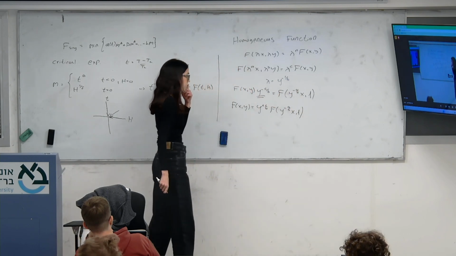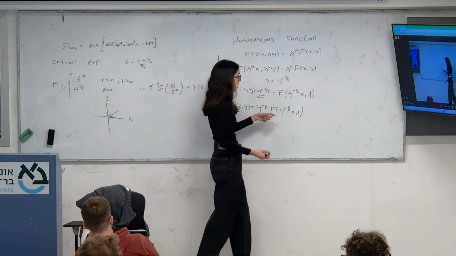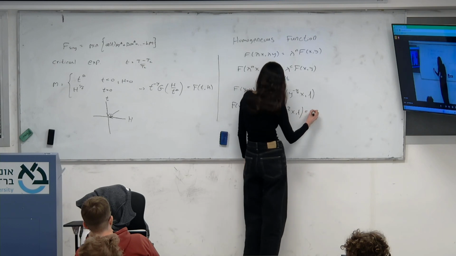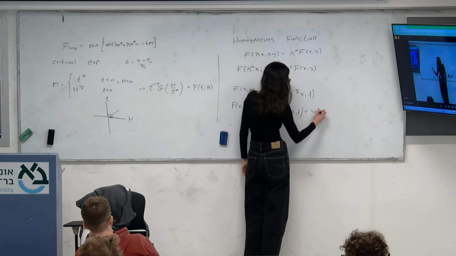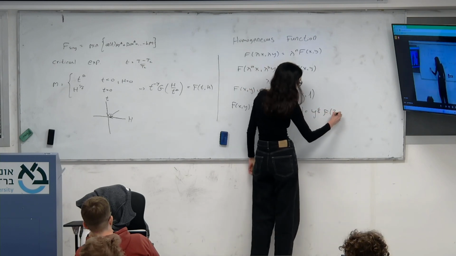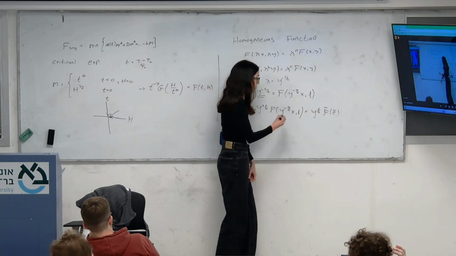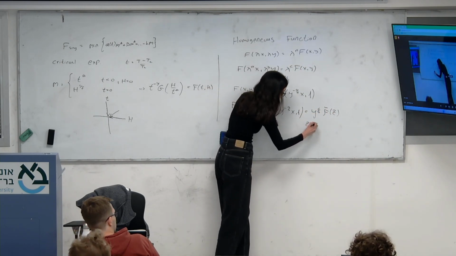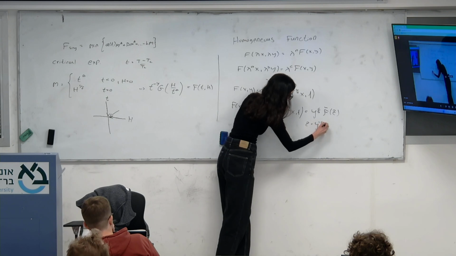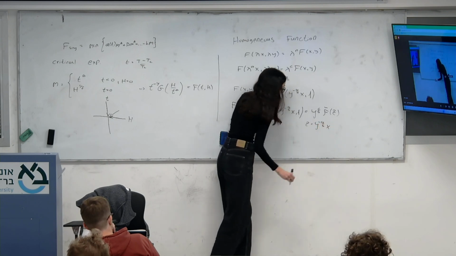So now basically I can rewrite that as y to the power c over b, f tilde of z, where z is equal to y to the power minus a over b times x.